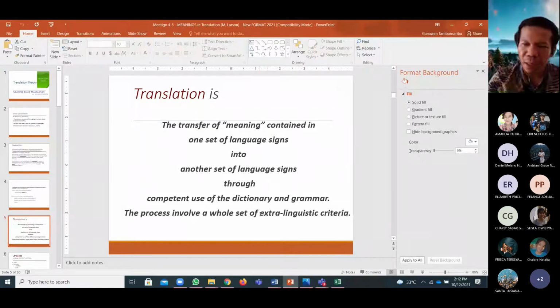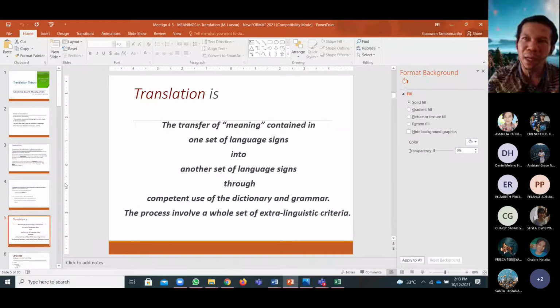So it means that maybe you are learning now about linguistics such as morphology, phonology, etc. But this is a set of extra linguistic criteria also. It means that we study the situation, the pragmatics: where the communication takes place, and when, and what the condition is between the speakers speaking to each other. That's called extra linguistic criteria.